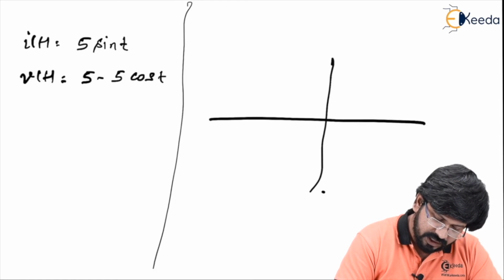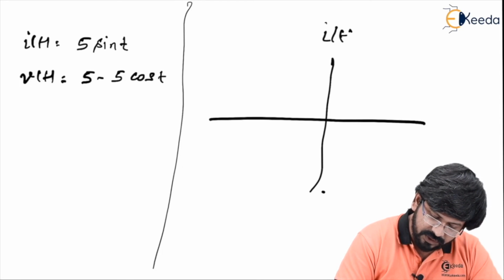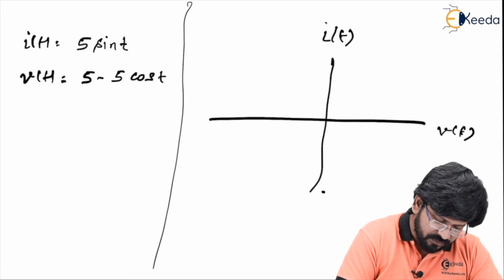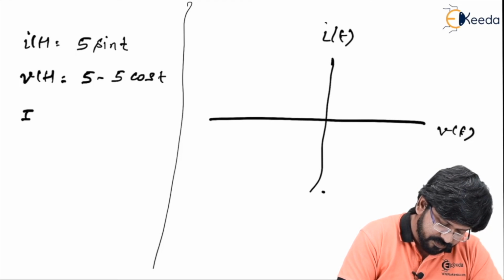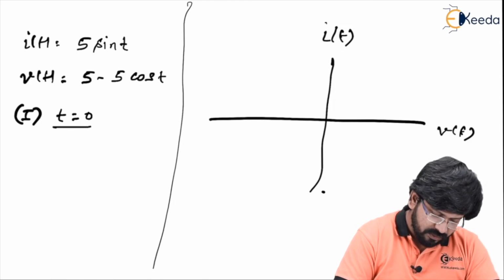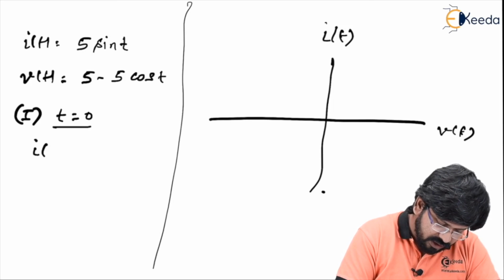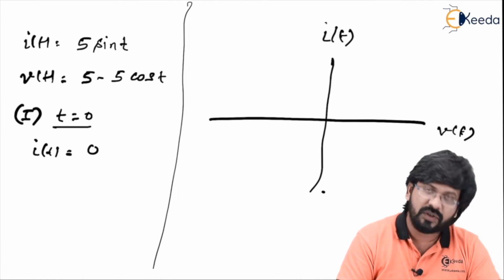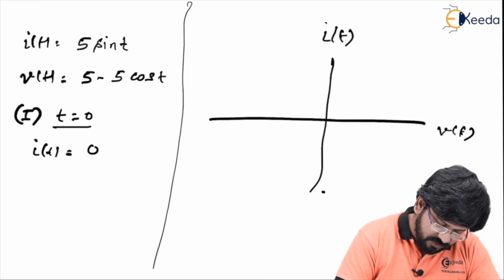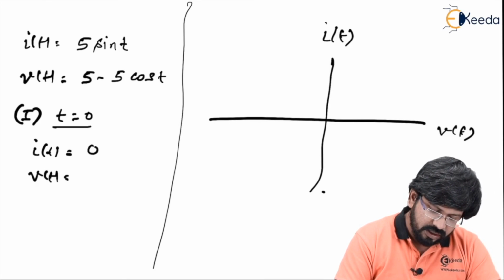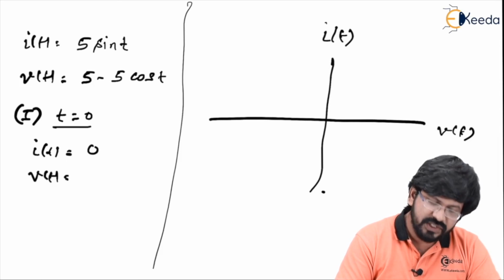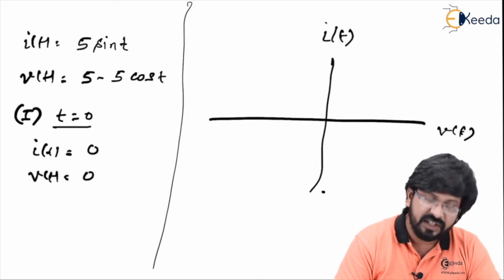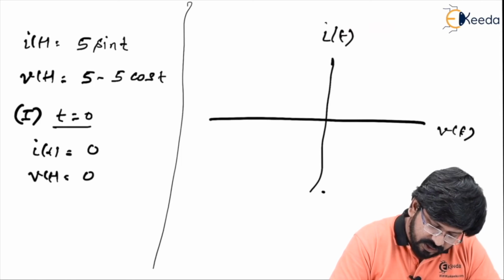As you can see, it is actually I(t) versus V(t). Let us substitute t equal to 0 first. When you substitute t equal to 0, I(t) straight away becomes 0, because sin 0 is always 0. Whereas V(t), on substituting t equal to 0, cos 0 becomes 1, so 5 minus 5 again becomes 0. So both of them are 0, 0 at time equal to 0. This is the first point.